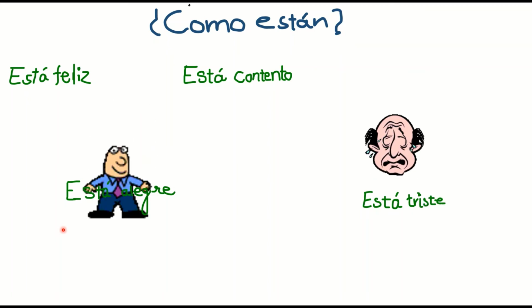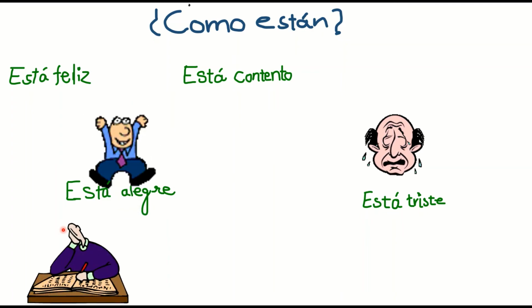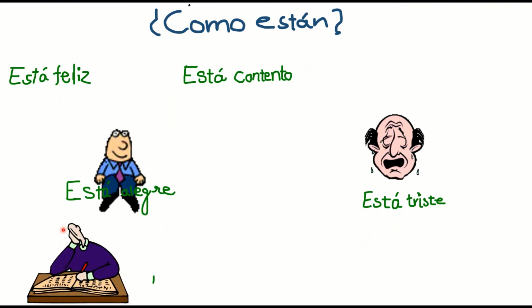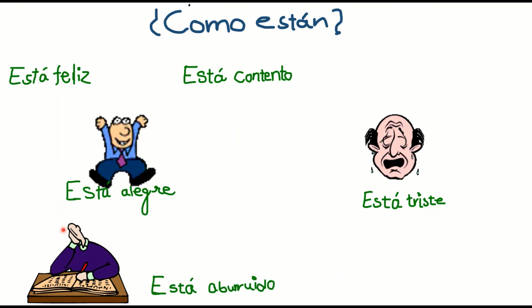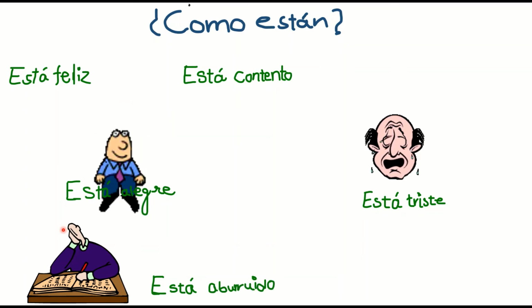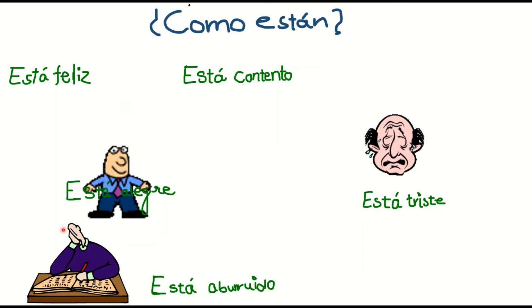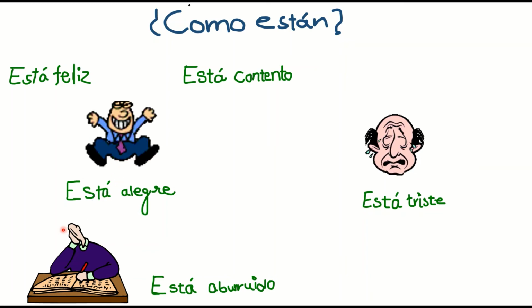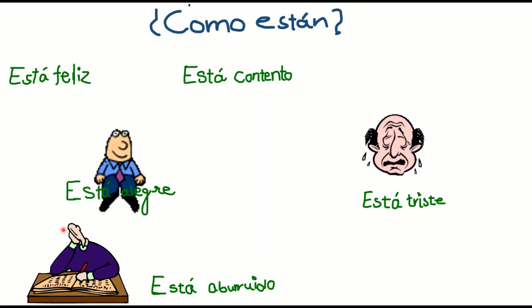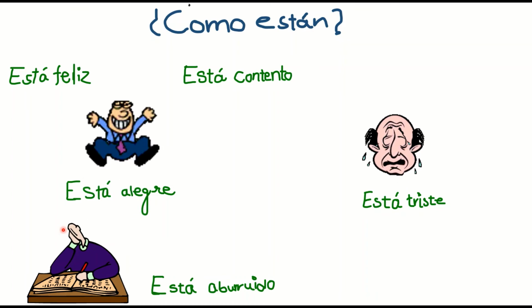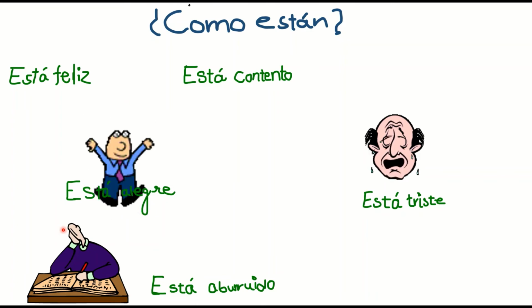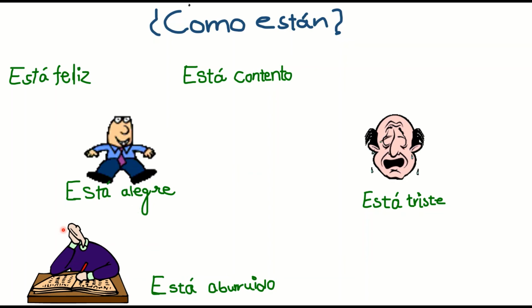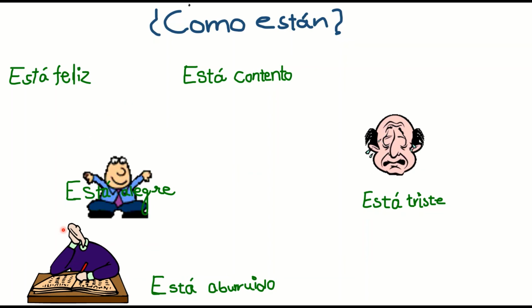This person looks very bored. Yeah, so it's está aburrido. He's bored. He doesn't want to work now. The first person is jumping, very happy, está feliz, está contento, está alegre. The second person is not that happy, he is sad, está triste. And the last person is está aburrido, is bored.